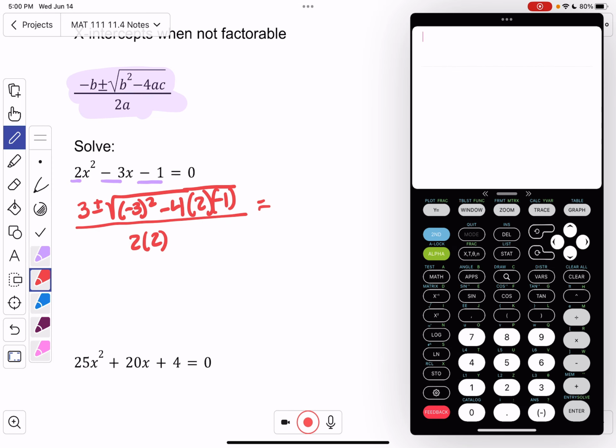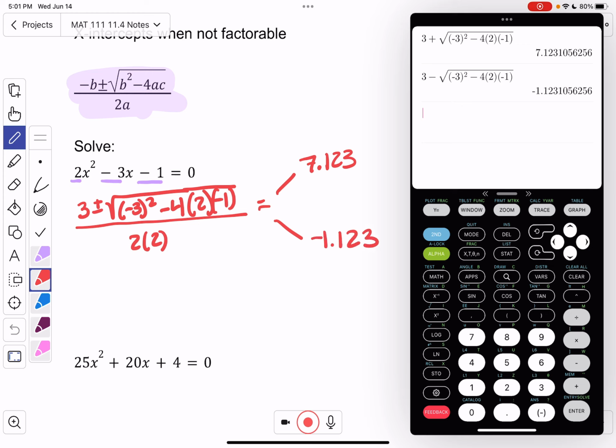So if I type that top part, 3 plus square root, parentheses, negative 3 squared minus 4, parentheses, parentheses. So with the plus, I get 7.123. And if I do it again with the minus, there we go, 4ac, I get negative 1.123.